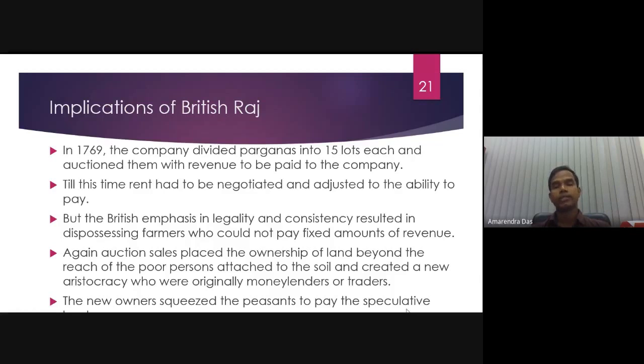They wanted to legalize the land ownership system, but we see that the land is now controlled by a few rich people, although they are not the cultivators. And so the cultivators are different, and the zamindars owned the land, and they were basically exploiting the farmers.